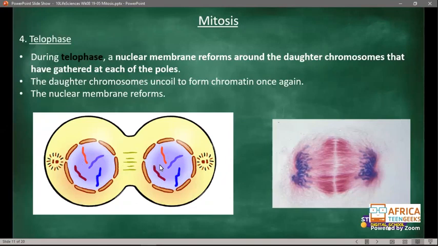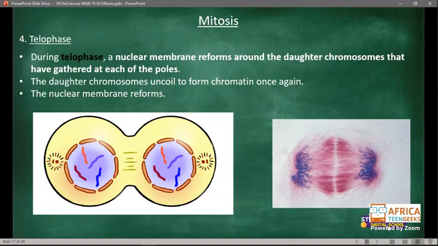These daughter cells are identical to the parent cell by having the same number of chromosomes and the same type of chromosomes. This process is the same for plant cells also. The nuclear membrane is now reforming around the daughter chromosomes that have gathered at the poles. Then we have two cells.